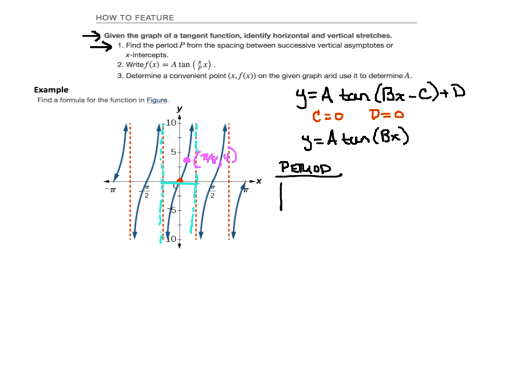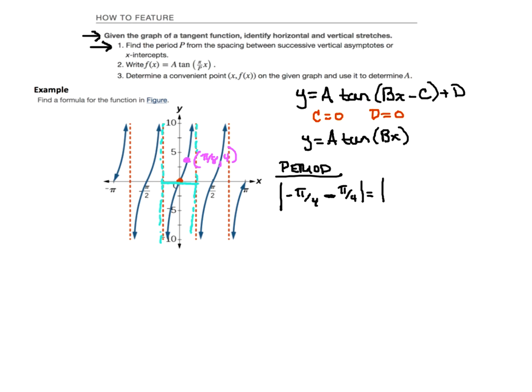I'm going to take the absolute value of the distance between my asymptotes. So I have an asymptote at negative pi over 4, and I'm going to subtract them, or find the difference, with the one at pi over 4.